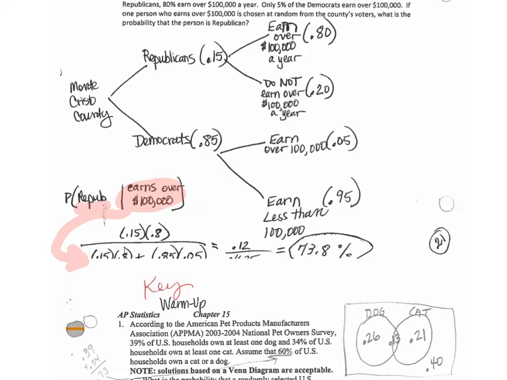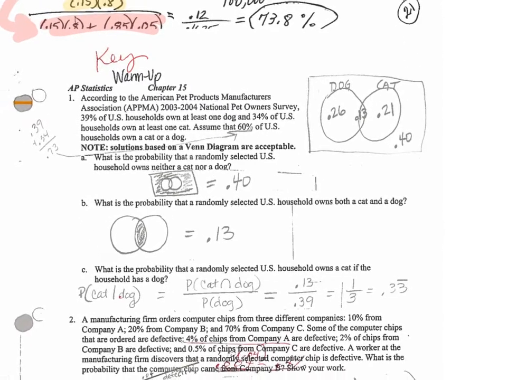So on the bottom is earn over $100,000 and you are Republican, plus earn over $100,000 and you are Democrat. So that's these down here. And then it's asking about the Republican piece, so that's the part on top. That makes it, if you earn over $100,000, a 73.8% chance that you are a Republican.